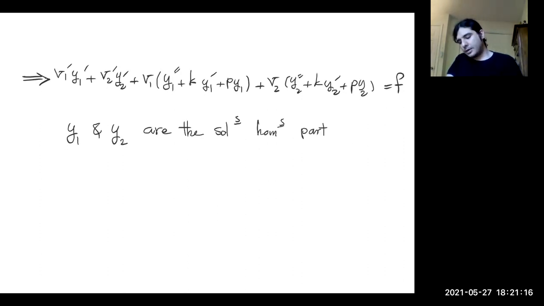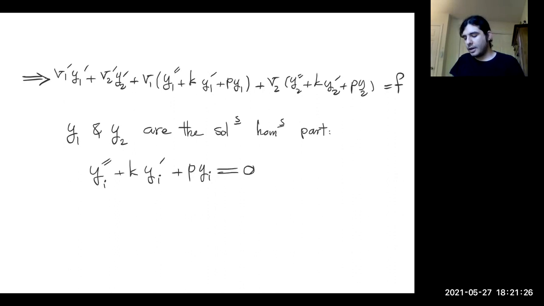Therefore, y1 and y2 both satisfy the homogeneous equation, right? They are solutions to the homogeneous part. And therefore, what I have here would be 0, and what I have here would be 0.